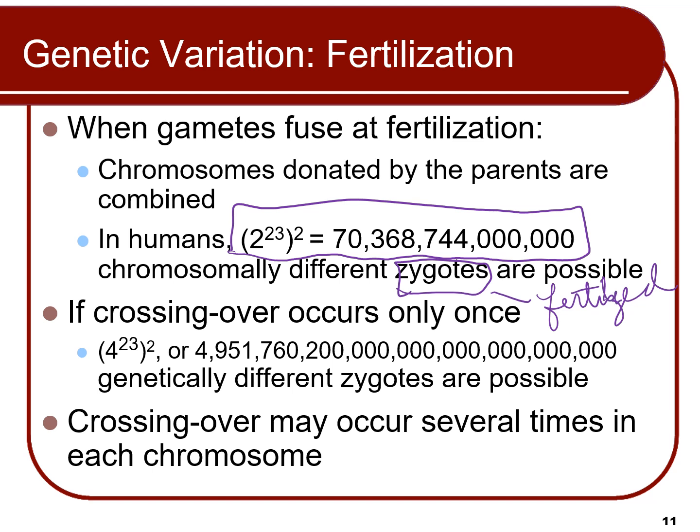That's a really big number: 70 trillion different possible combinations. Then when you add in crossing over, you get even more possible combinations. So that's how you can get so much variation in offspring. It's due to the process of meiosis causing new combinations of genes to occur in the offspring that did not occur in either parent.